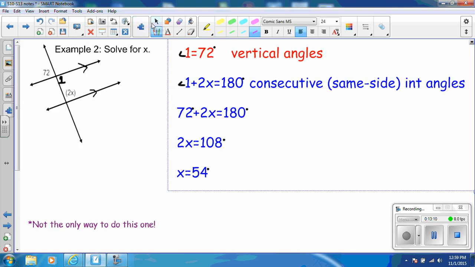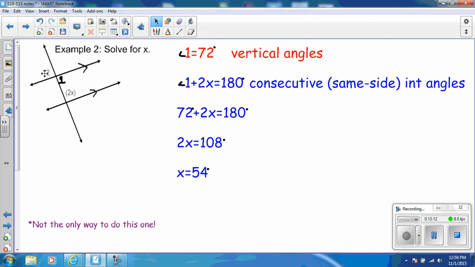Example 2. We have a 72 here. This is angle 1 right here. And then this is 2x, this bottom piece. Okay, so first I see angle 1 and 72, those are vertical angles, so that means angle 1 has to equal 72 degrees.